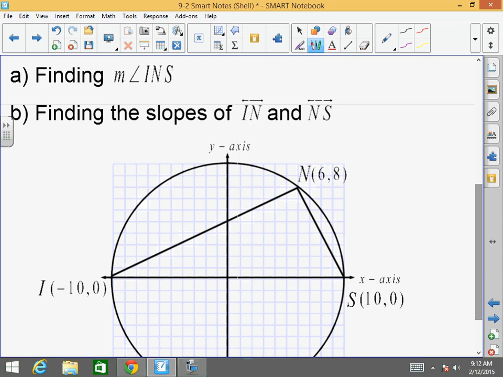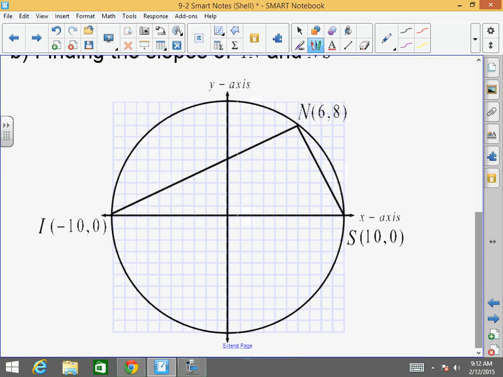Well, let's think about this, guys. This is a pretty good one. This is the diameter. And this diameter is a straight line. What is the degree measure of a straight line? 180. So that means, since this is the central angle, won't this arc measure also be 180?